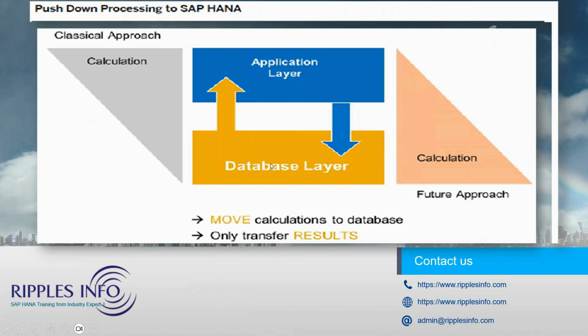So to give a result of 100 records, you're loading a million records from the database layer to the application layer. That was the case with applications like ECC. But now in S/4HANA, as they implemented this new approach, those calculations are done in the database only. Only the results will be sent to the application layer, meaning only the 100 records. That's the advantage we have.